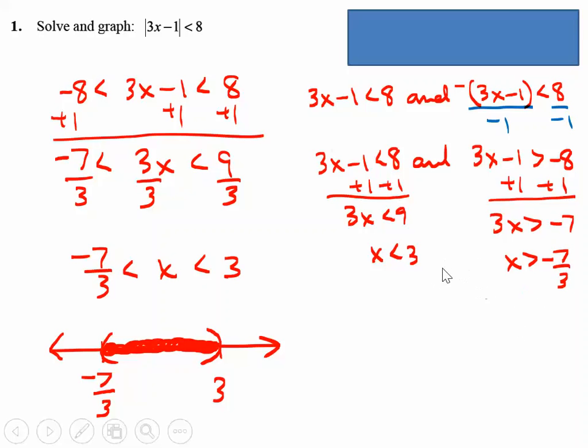Okay, so I want to change this into this right here. How does that work? Again, we don't need to learn it because we know the shorthand notation. Real quick, if x is greater than -7/3, tell me if you agree, isn't it also true that -7/3 is less than x? Good. If you switch the numbers around, you have to switch the inequality as well. And notice this part is right over here, and x less than 3 is right here as well.